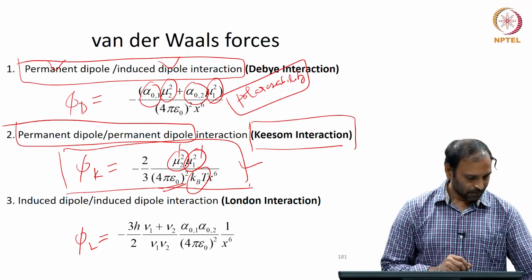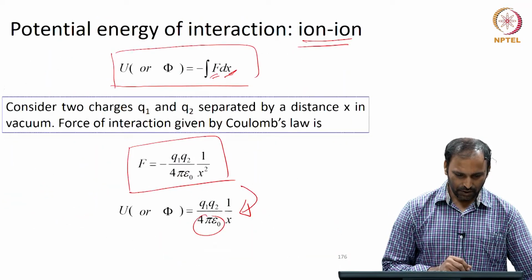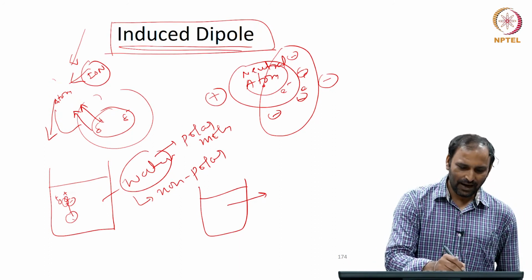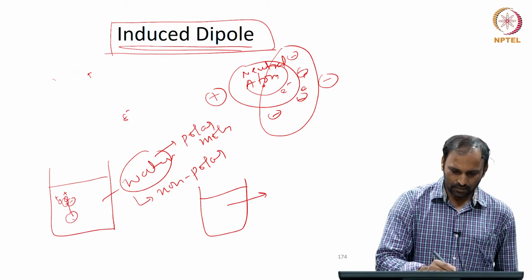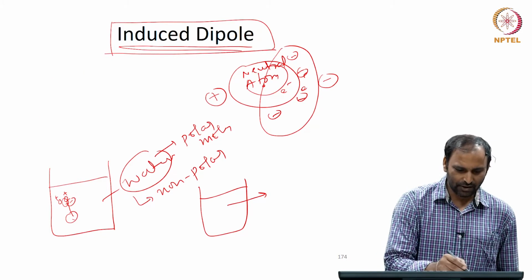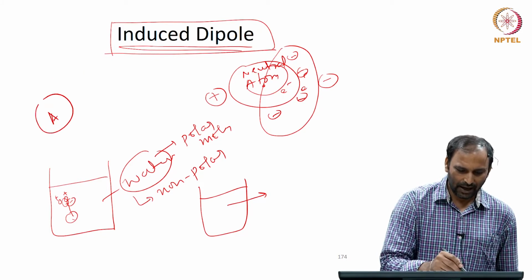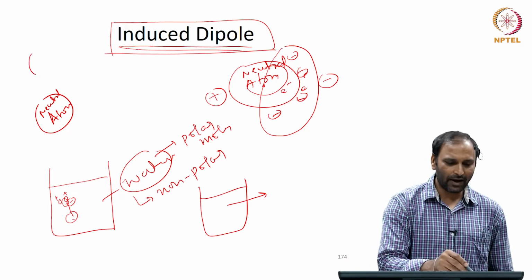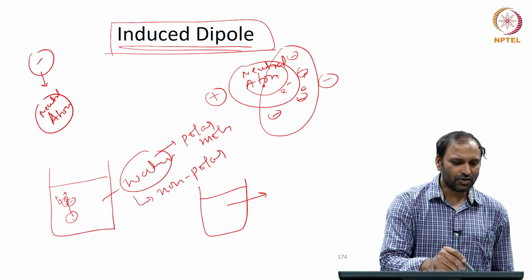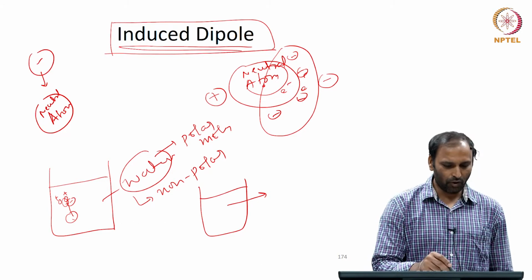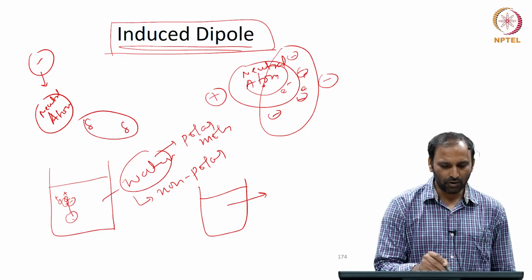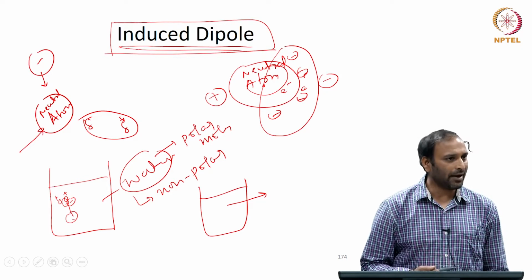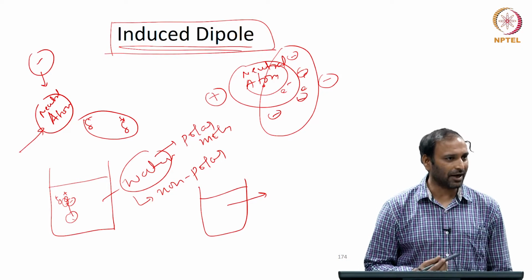I talked about this induced dipole. I said that I have a neutral atom, and if a charged species or a permanent dipole approaches this neutral atom, it can be polarized.